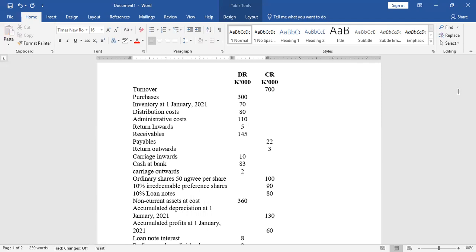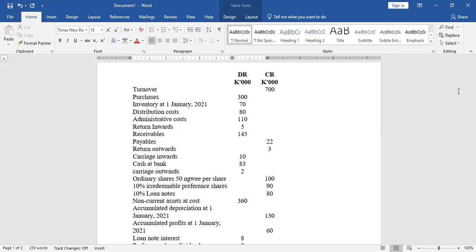They are balance sheet items, which are indicated in the statement of financial position. So for now, I'm going to quickly identify what is income in the trial balance and what are expenses, and then I'll do the workings and charge them to the statement of profit or loss.